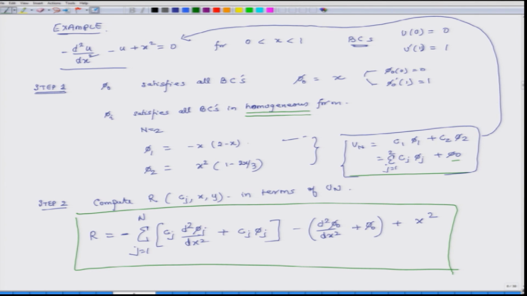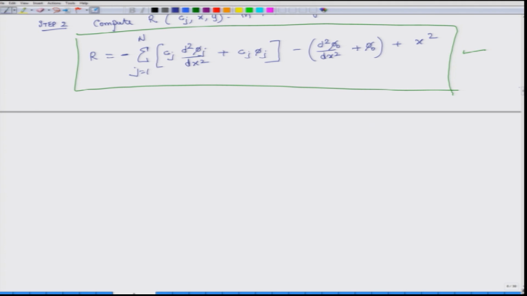This is my residue. This is the statement for residue, and one thing I wanted to correct here is that in this definition of u n there should have been a phi naught also, because in the second statement phi naught is already included there. Okay.